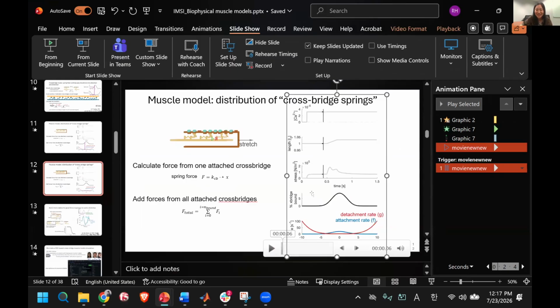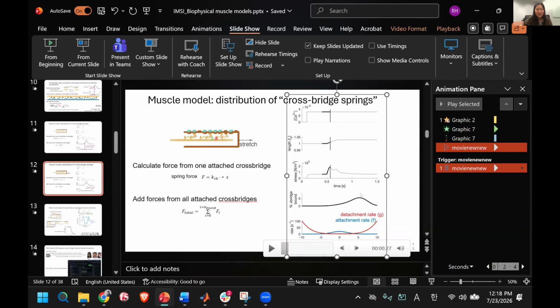So here, the cross-bridge is at a steady state, and from the attachment rate and detachment rate, we get this much of a baseline attached cross-bridge with this certain distribution. And when we start to pull the muscles, we can see that the bound cross-bridge distribution shifts rightwards.